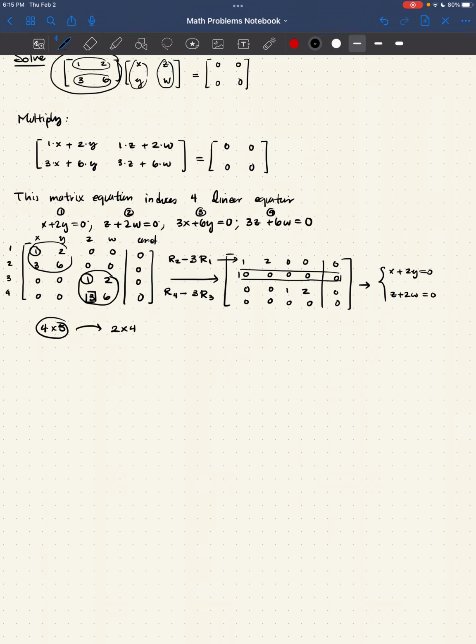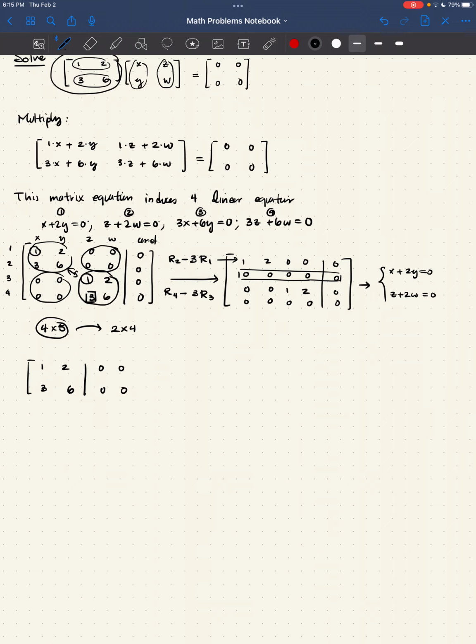How so? Well, first, note the redundancy that we have here. There's a bunch of zeros, and we have copies of the matrices here. So what we're going to do is simply condense the information into the following. We have 1, 2, 3, 6, extended by 0, 0, 0, 0.